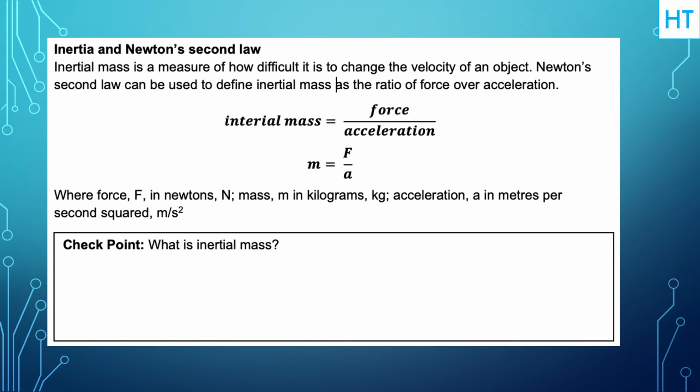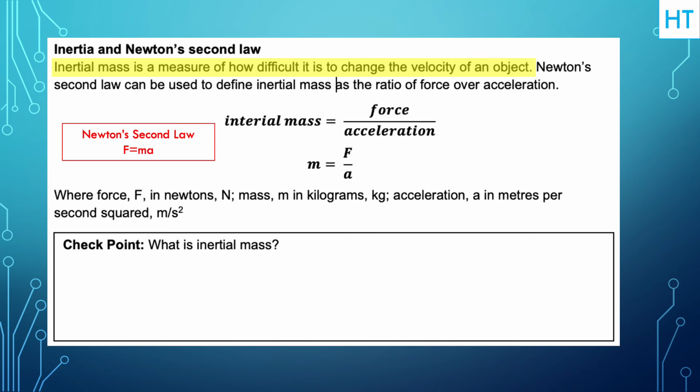So here's the formula for inertia, and we have to look at it as inertial mass. And this is more so how difficult it is to change the velocity of an object. As you can tell, the formula looks a little bit familiar because you've had things that have mass, acceleration and force. That's because we got it from Newton's second law, F equals ma.